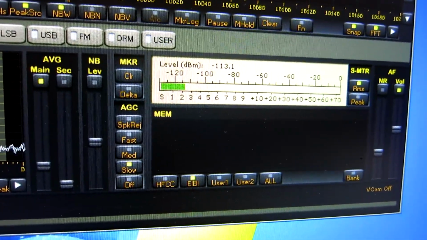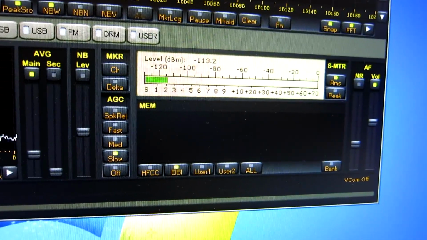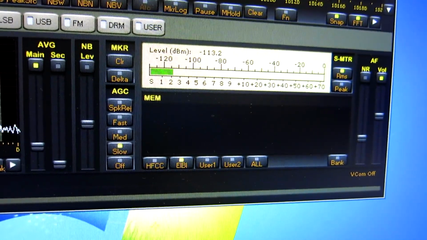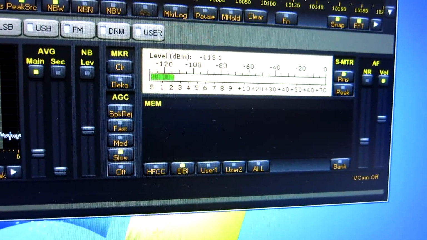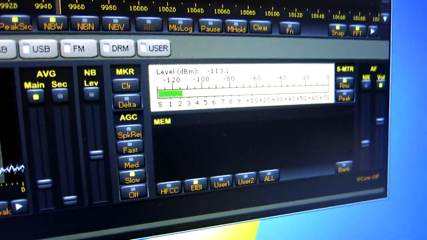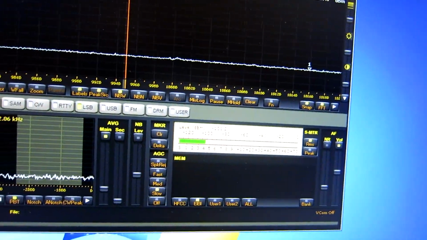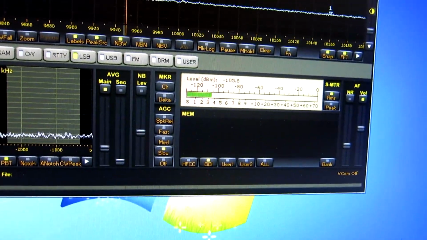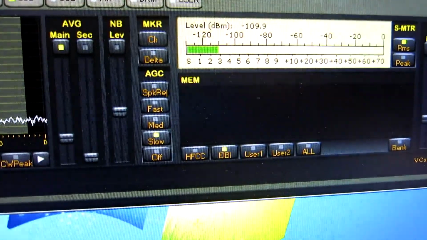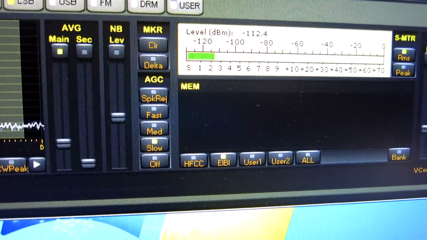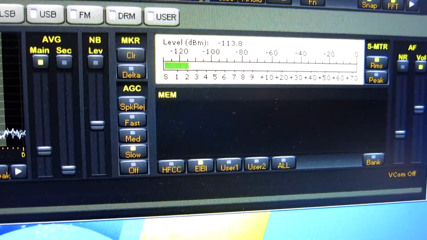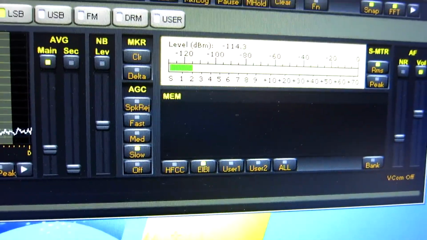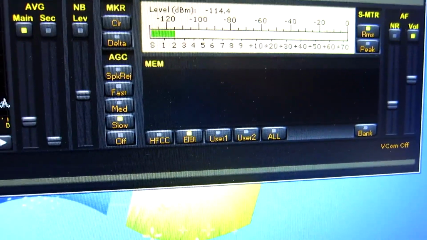The noise floor is at minus 113.2 dBm, and I switch off the signal. And the noise floor is not very much different, 1 dB.